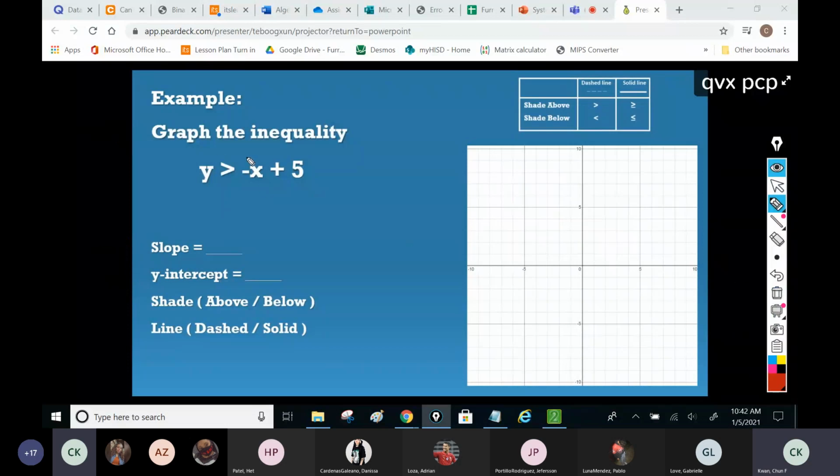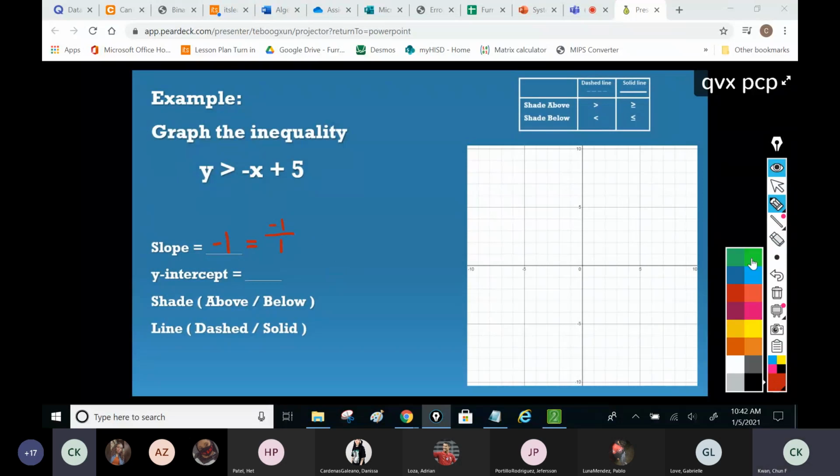The slope is the number in front of the x. And if there's no number, we will assume that there's an invisible 1 in front. And with the negative sign, that means you have a negative 1 as your slope. And then just like before, let's make it into a fraction. So you have negative 1 over 1.